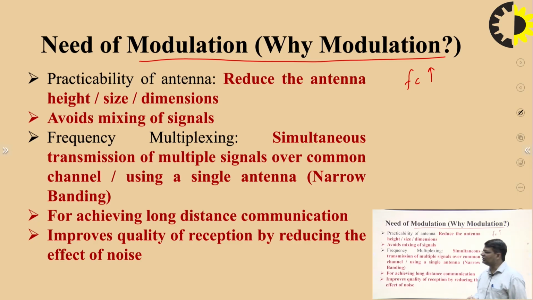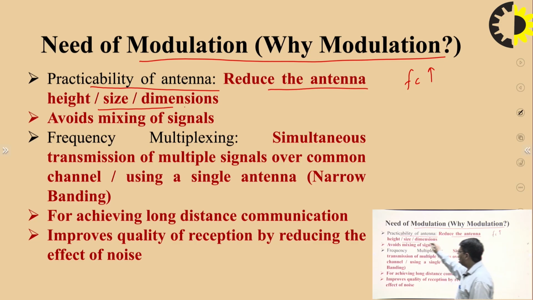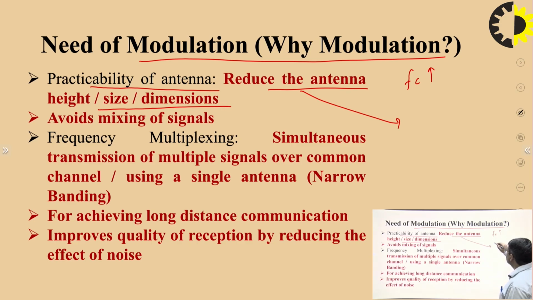So the main reasons are, the first important reason is to ensure the practicality of the antenna, or we can say to reduce the antenna height, size or dimensions. Basically we know that the size or dimensions of the antenna are given in terms of lambda. For example, a quarter dipole antenna is lambda by 4, a half dipole antenna is lambda by 2.